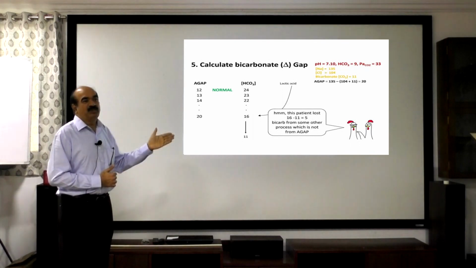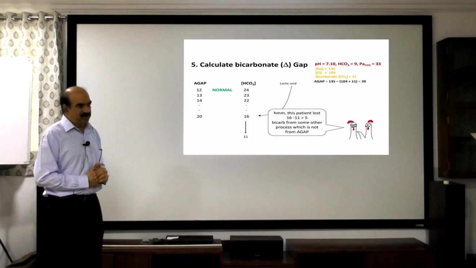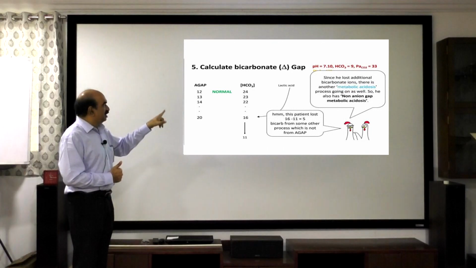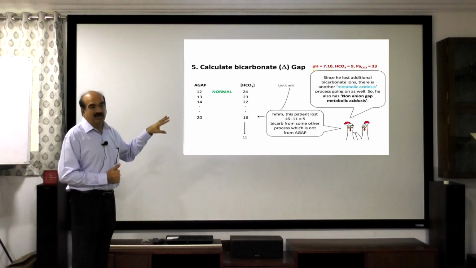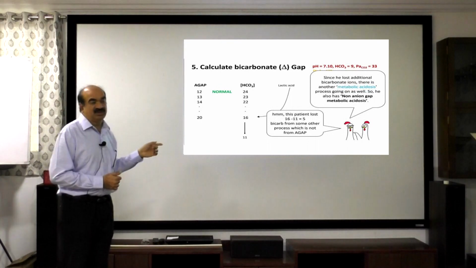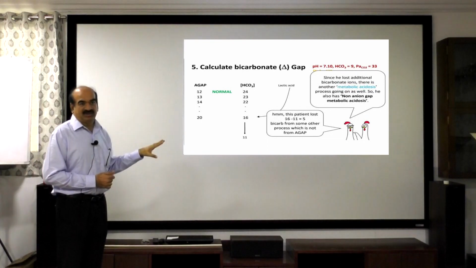So there is some other source for extra bicarb loss. Since additional bicarbonate ions are lost, there is another metabolic acidosis process going on as well. So he also has non-anion gap metabolic acidosis. Along with high anion gap metabolic acidosis, this patient has non-anion gap metabolic acidosis also.